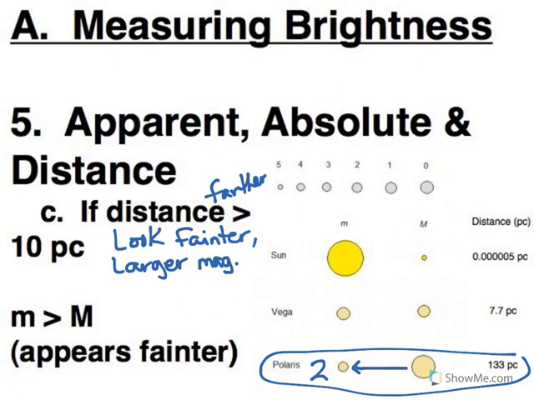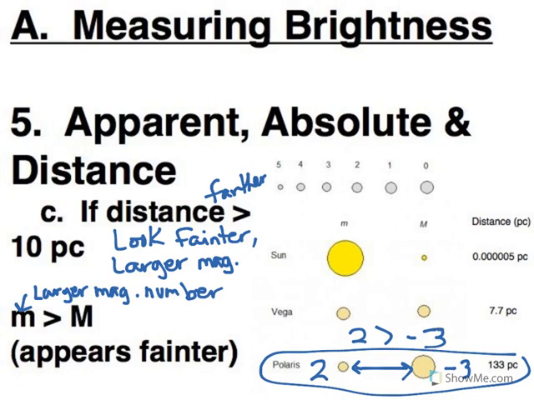But the absolute magnitude of Polaris is about negative 2 or 3 based on the scale. We'll call it negative 3. So our apparent magnitude number is going to be a larger number. So 2 is bigger than negative 3.